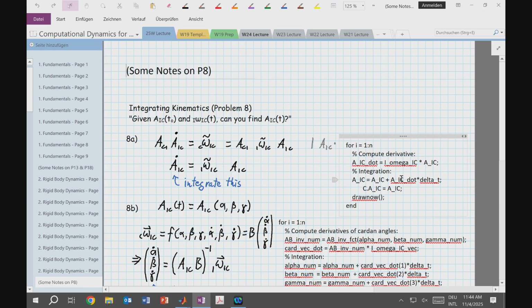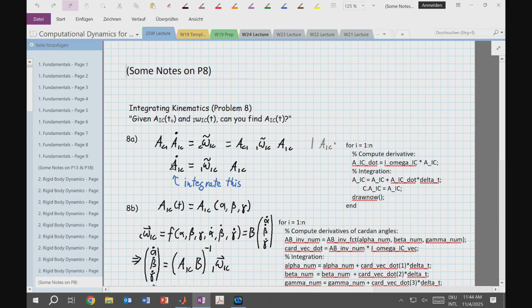I assume that this is constant, that's a numerical approximation, amplified by the fact that I'm doing just a few steps, and I then end up with a numerical error. And that numerical error is in AIC dot. And I integrate it, and it means my AIC gets screwed up.